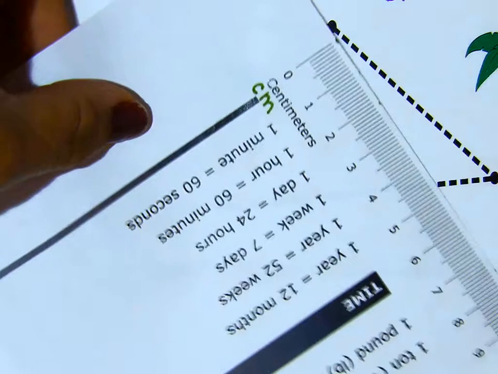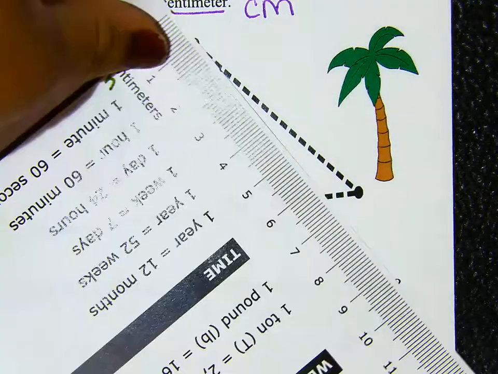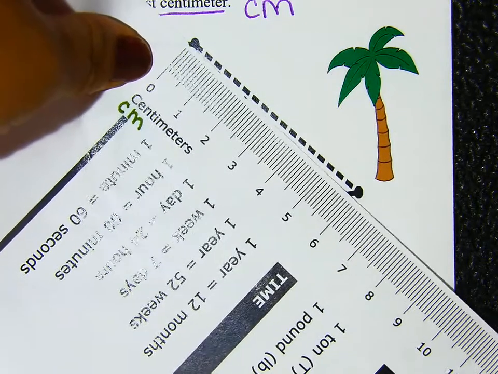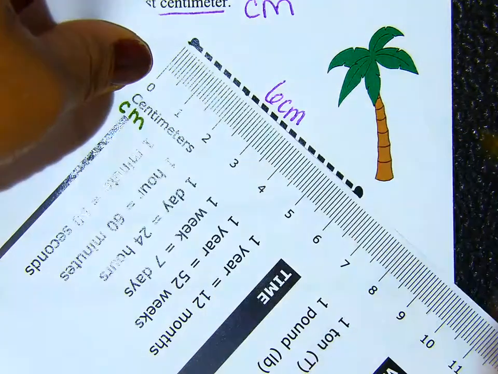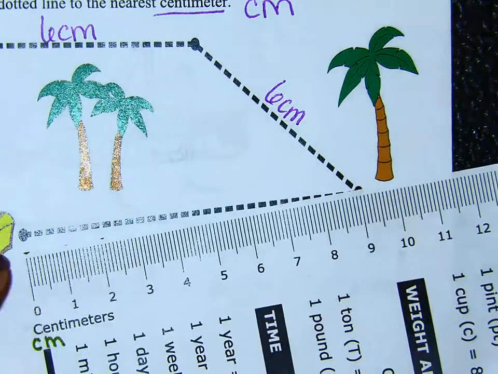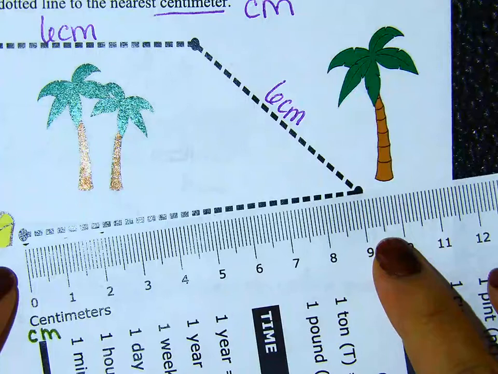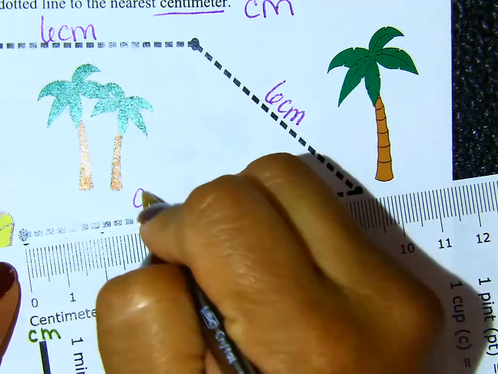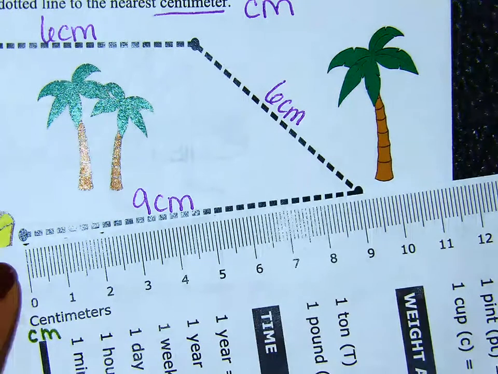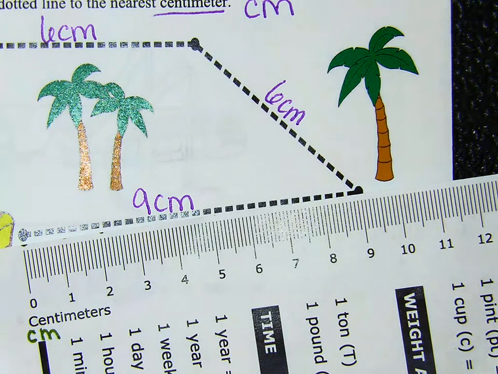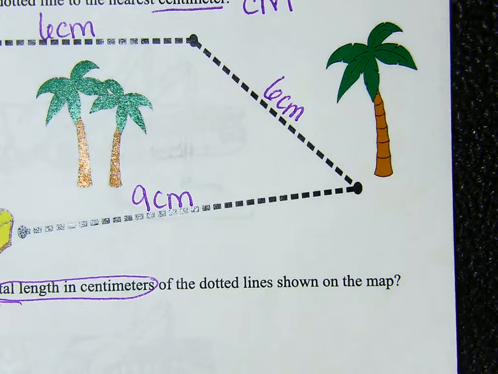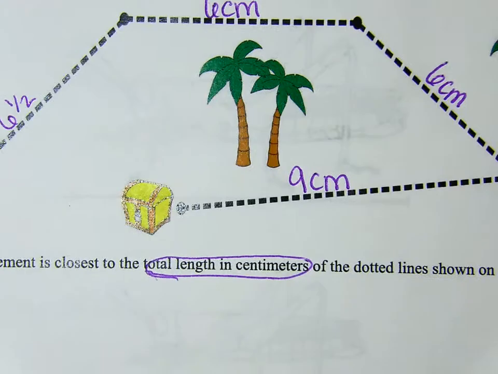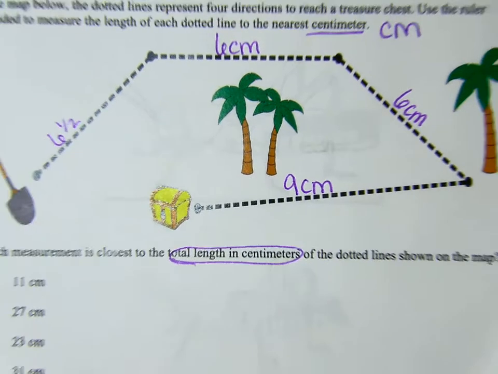This one over here by the palm tree, that's the beginning, that's the end, is about 6 centimeters as well. And this one is about 9 centimeters. Okay, so let's see which one is closest to our total length in centimeters.